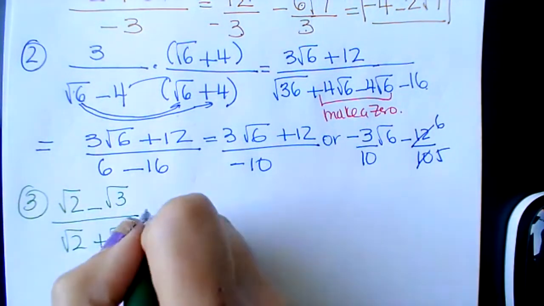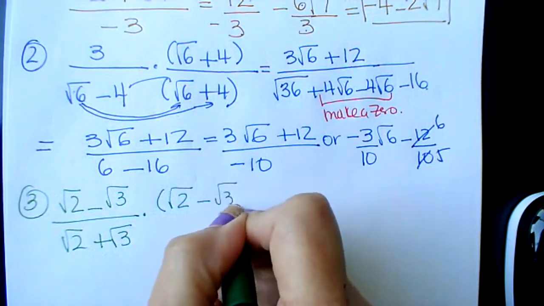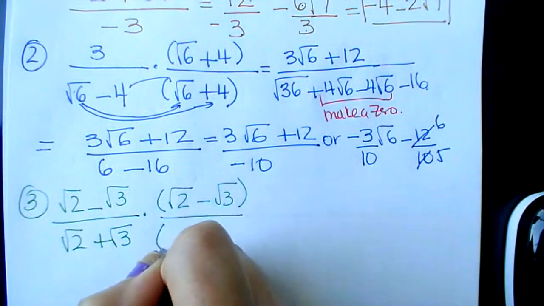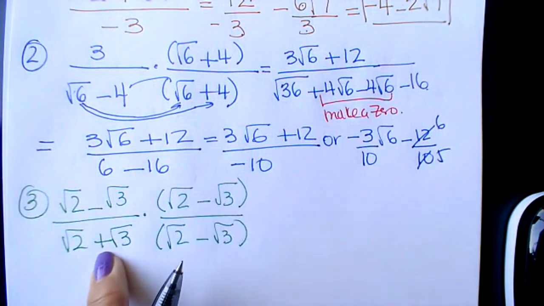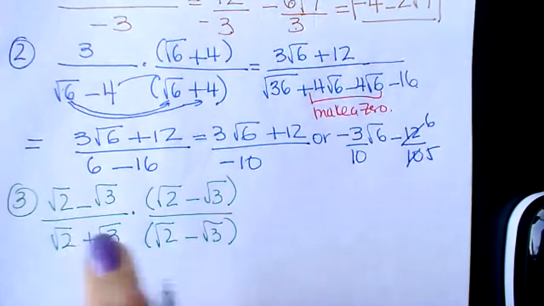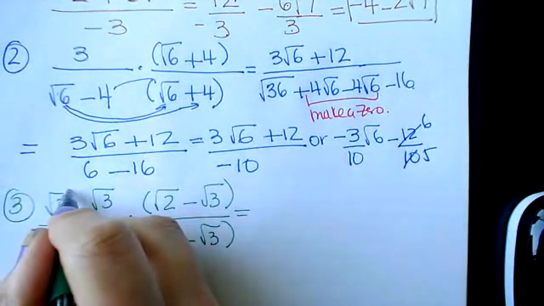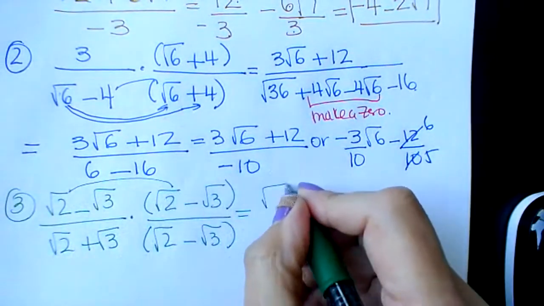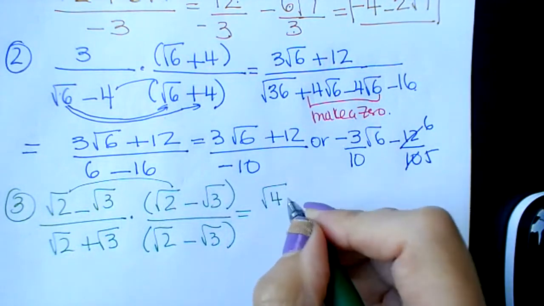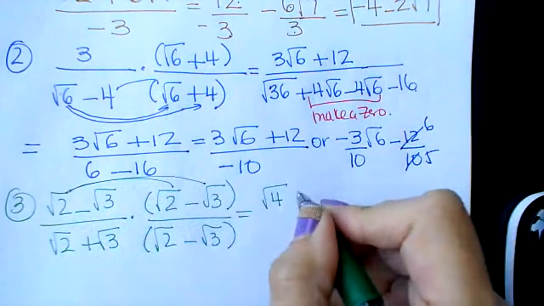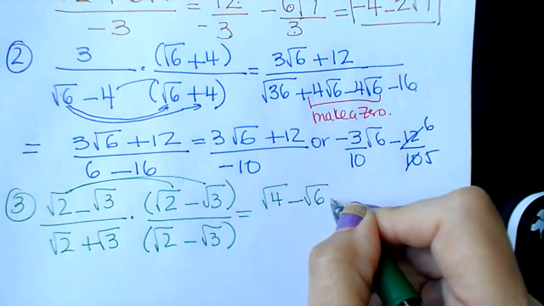I'm just going to multiply by the conjugate, okay? The conjugate will be the opposite of the denominator, all right? So now, what do I do? Distribute. So this one and this one, square root of 2 times square root of 2 would be 4. This is going to be minus square root of 6.